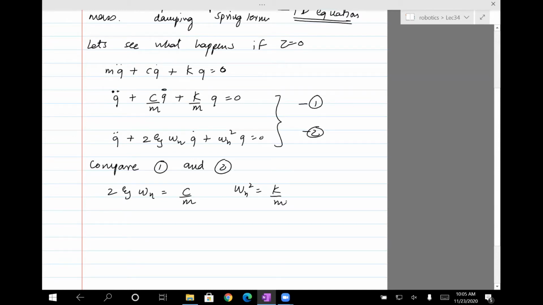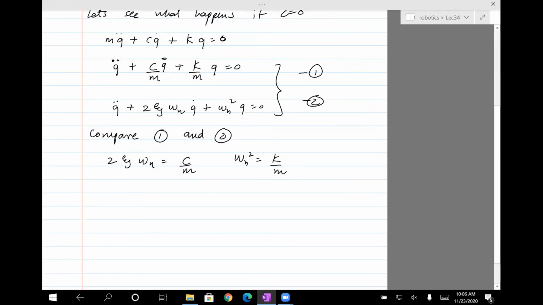Okay, this is the traditional way in which a spring mass damper system is written, right? So what we can do now is solve for omega n. It's the square root of k divided by m.